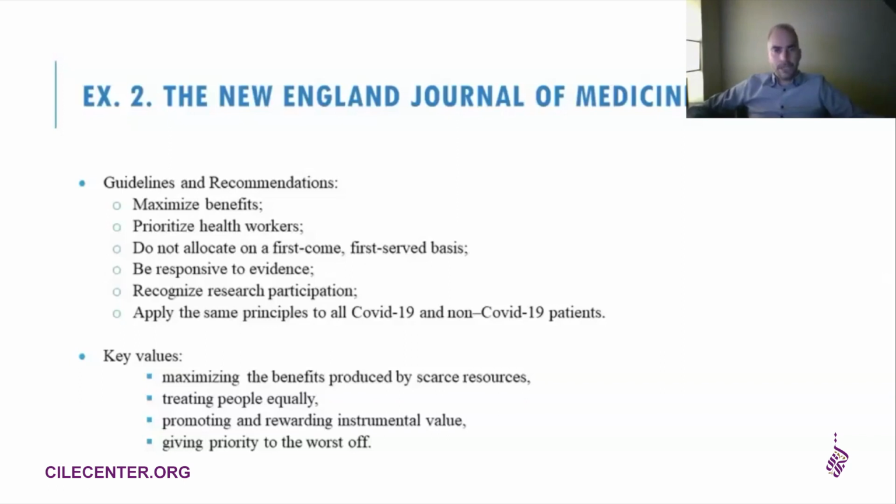So this approach, in my opinion, seems to be centralized on utilitarianism, which is reflected through maximizing benefits as a key value in this framework. And it took much more space in their article than the other points.